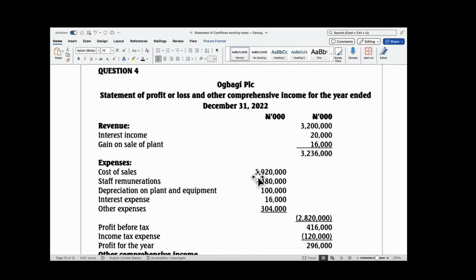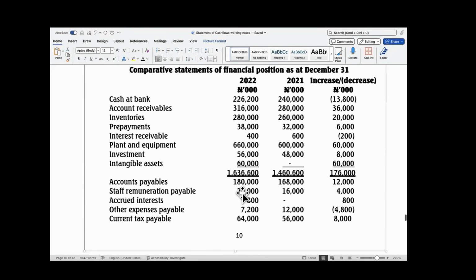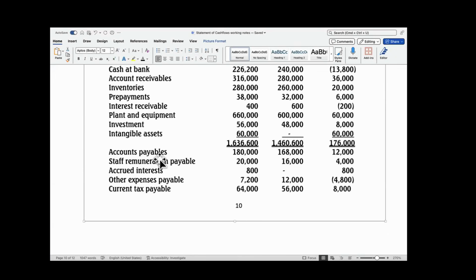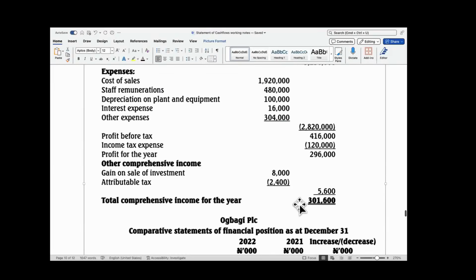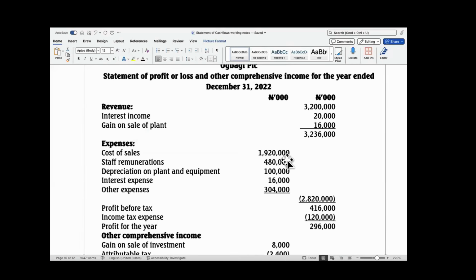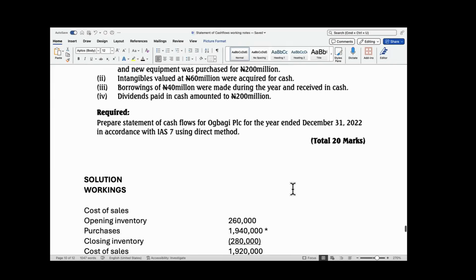The next item is staff remunerations, which is salaries and wages, and it is 480,000. Now, I want to extract the cash element of this. It's an expense, so I need to know, am I owing anyone salaries? Yes, I am. There is a staff remuneration payable of 4,000 for the year, and my expense is 480,000.